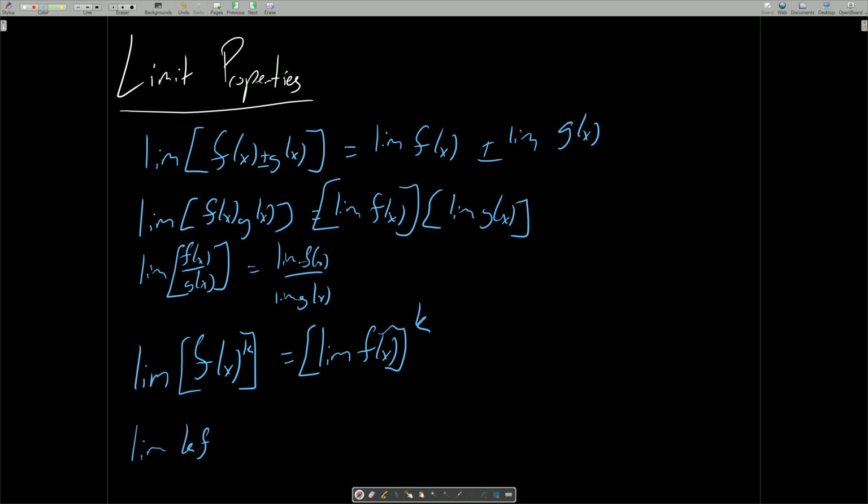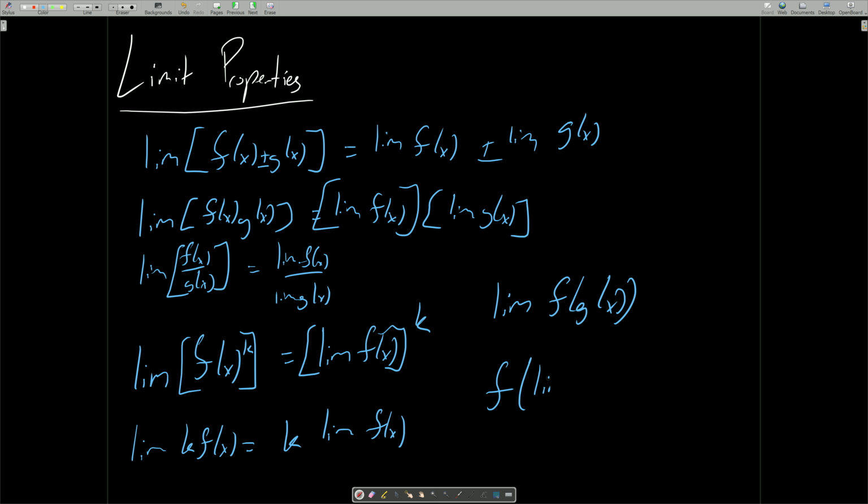If you have a constant, you can move it outside the limit. And last, if you have the limit of a composite function, f of g of x, then you can just move the limit inside of the function, say f of the limit of g of x. Your basic limit properties.